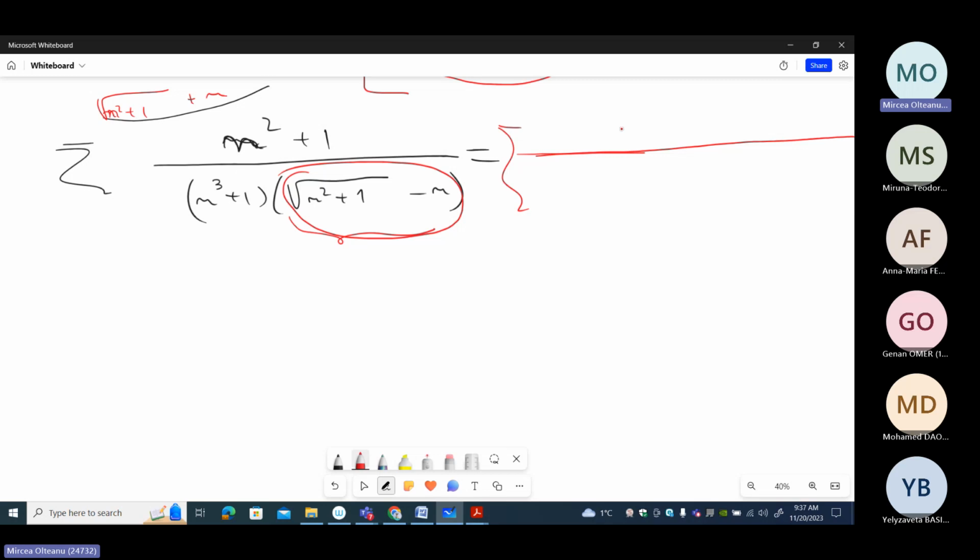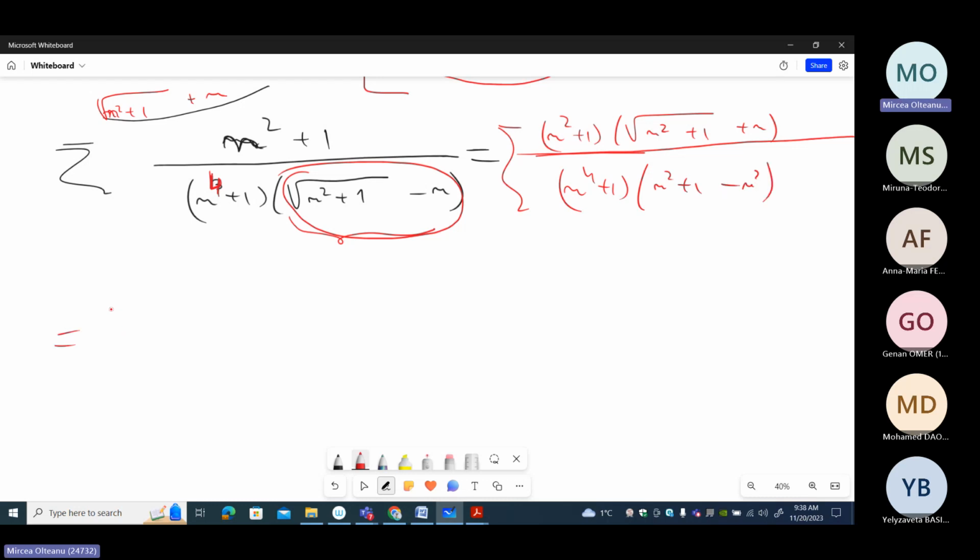And after we amplify, we get, let's put here n at 4 to be more interesting. And below we get n at 4 plus 1 times what? n squared plus 1 minus n squared.